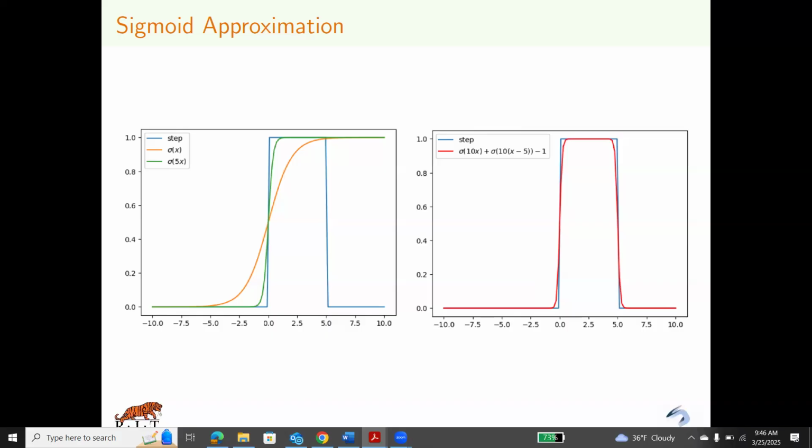How to flip sigmoid or arbitrary function? If we have f of x, to flip this function around y-axis, for example, this function is y equals x.